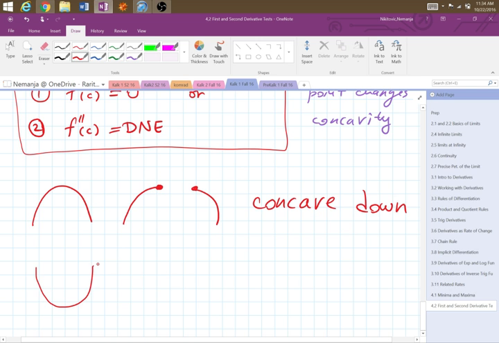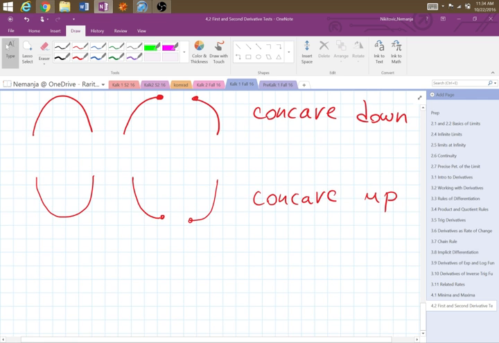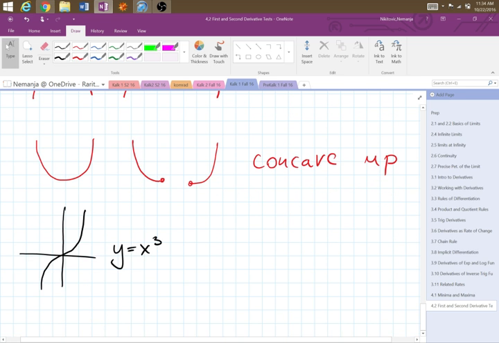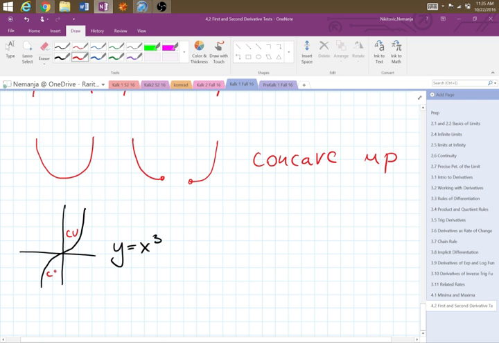And then if you have it like this, concave up. So let me draw x cubed. Clearly, concave up, concave down.